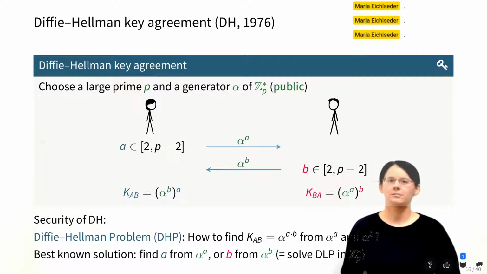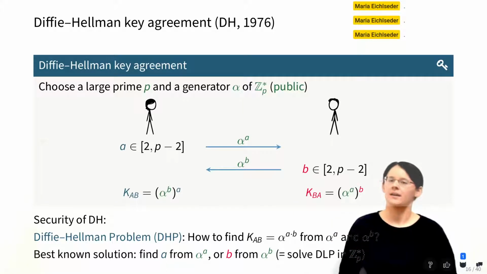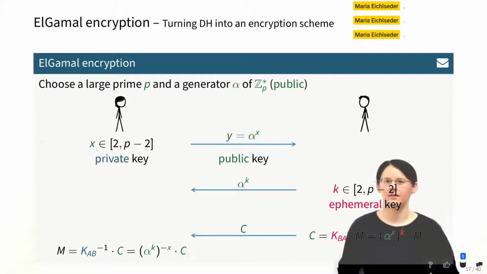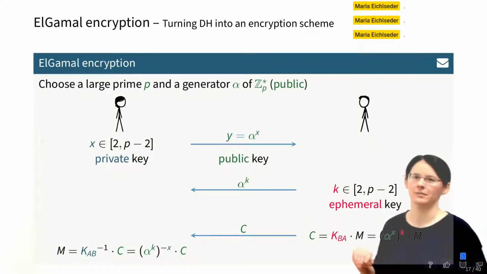So this is a key agreement scheme. Let's see how we can build something else from it, namely an encryption scheme, using essentially these ingredients. The resulting encryption scheme is called the ElGamal encryption scheme. And you see from the picture, it's actually quite similar.